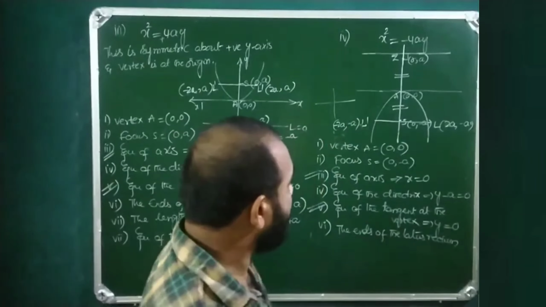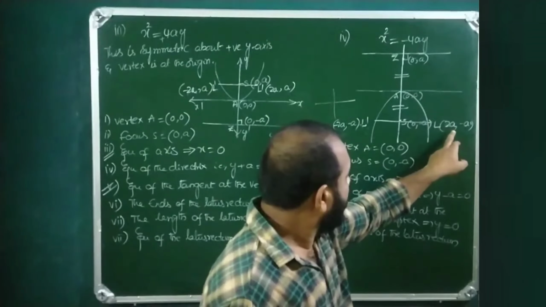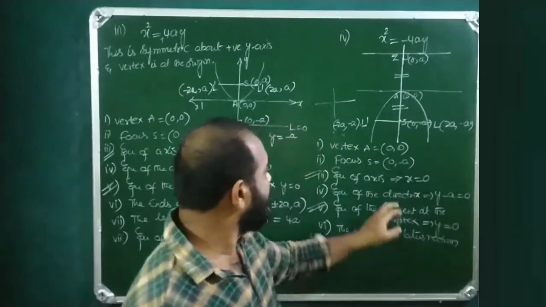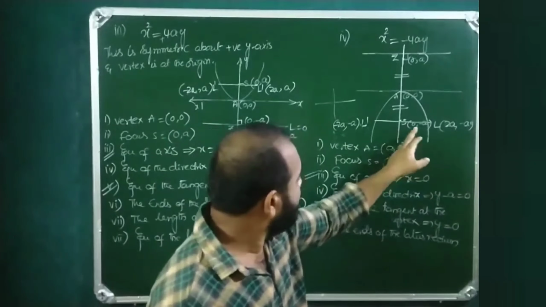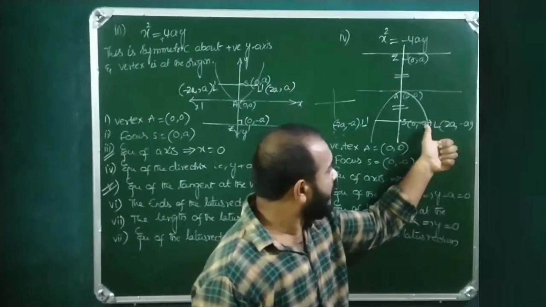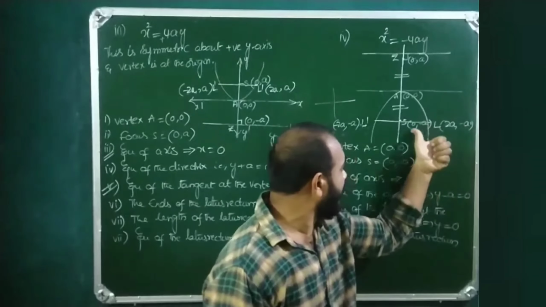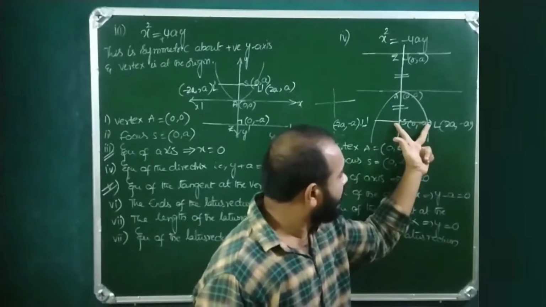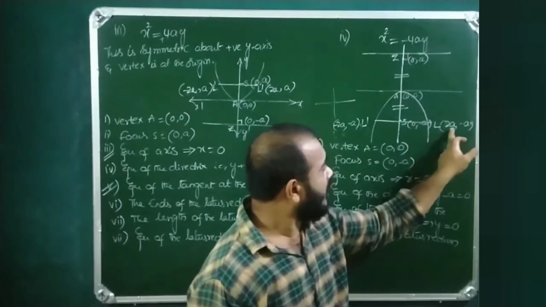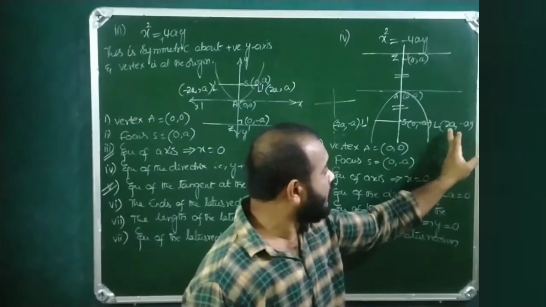Since this is the same line, all the y-coordinates are equal: minus a, minus a, minus a. The length of this is 2a and this is 2a. So which quadrants are they in?